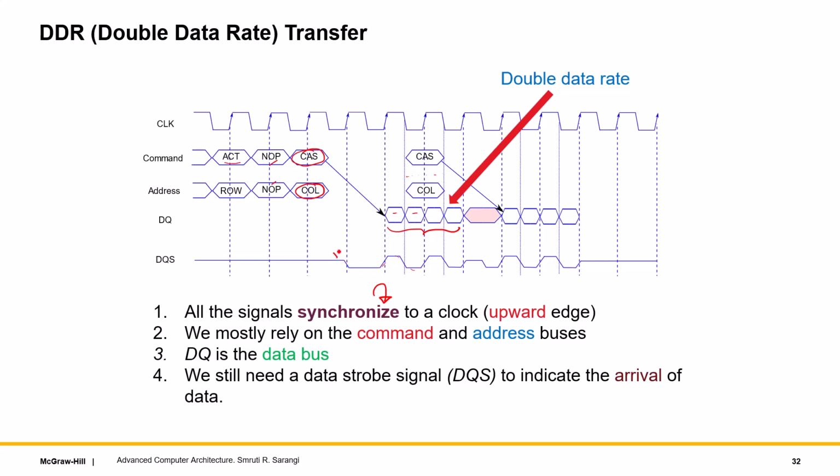Let's say the default state is X. Then it transitions 0 to 1, then 1 to 0, then again 0 to 1, 1 to 0, and again from 0 to X. So basically this is a tri-state bus. Any 0110 transition means data is coming. You could argue that this could be synced with that, but as I said, we will discuss the need for this later.